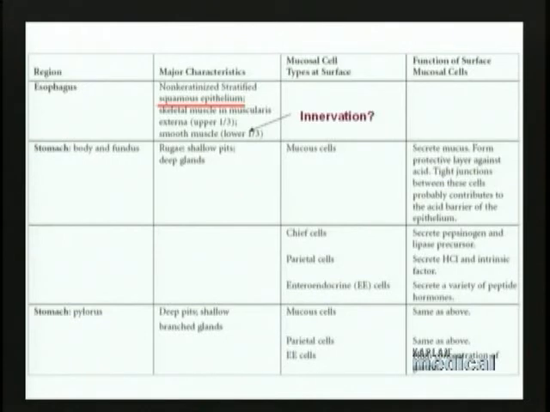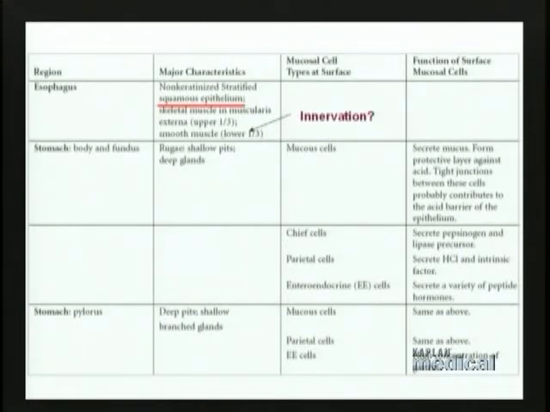The characteristic cell types are numerous in the body and the fundus of the stomach, consisting of, well, a variety of mucus cells that serve to protect the corresponding epithelium from the acidic medium that's in the lumen of the stomach. Also found at various points in these deep gastric glands are chief cells that produce pepsinogen and lipase precursor. They tend to be found at the bottom of these glands.